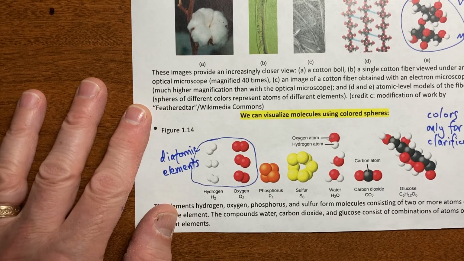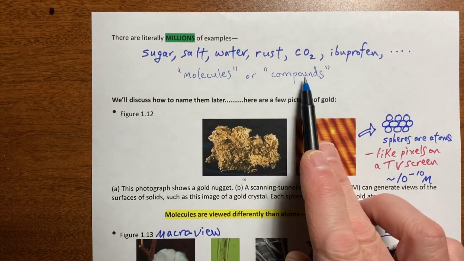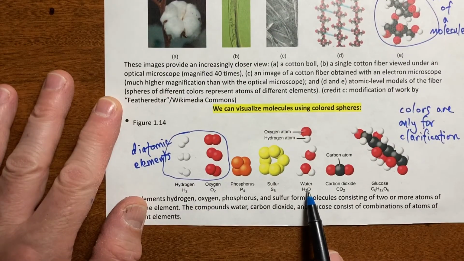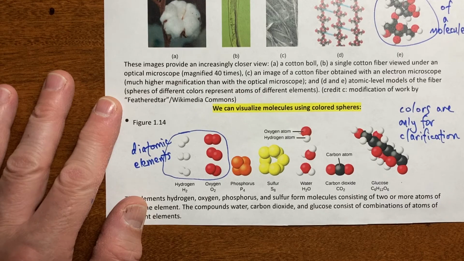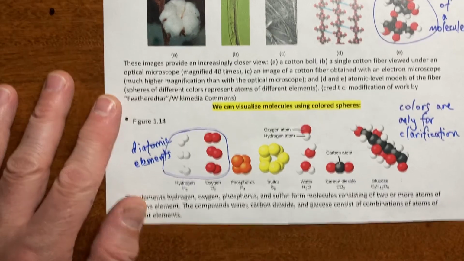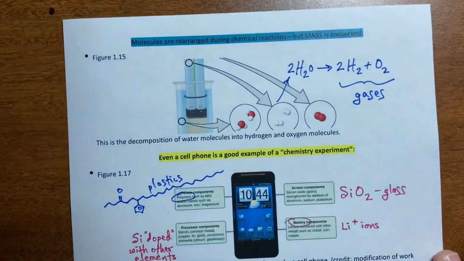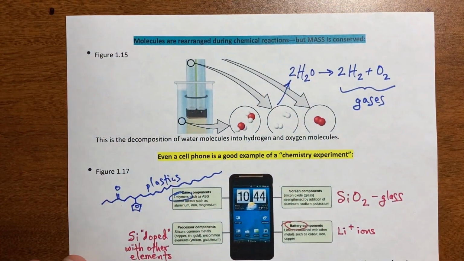Just to confuse you, of course. A compound is 2 or more different elements. So H2O, CO2, and glucose are called compounds. That would be the proper name for them, not a molecule. I know that's a little bit confusing. Don't worry, you will get this.